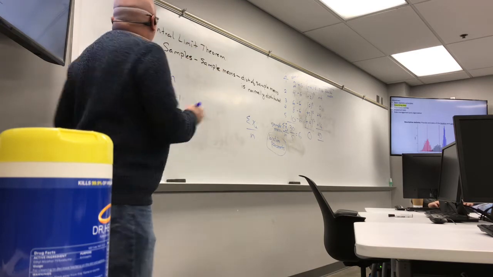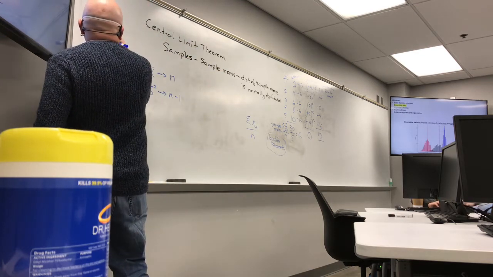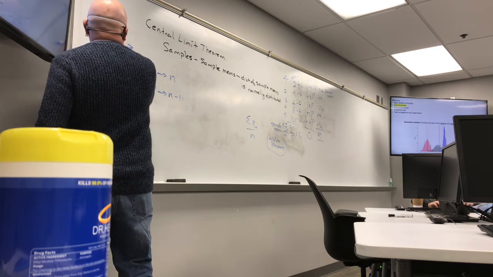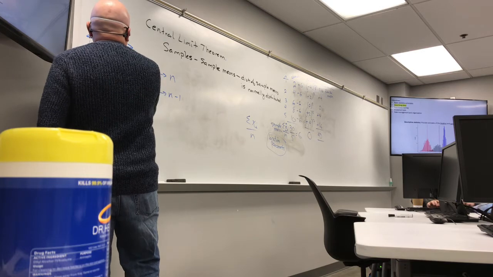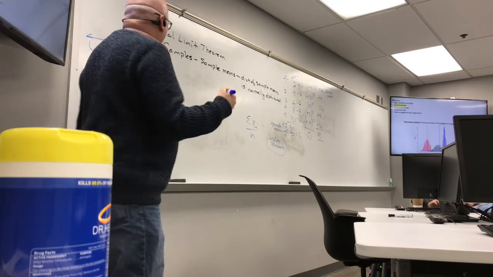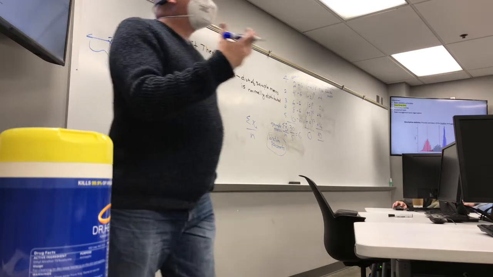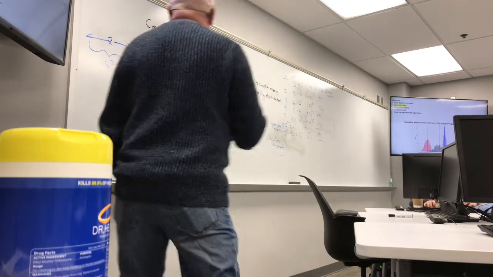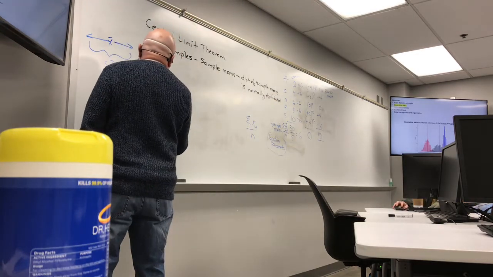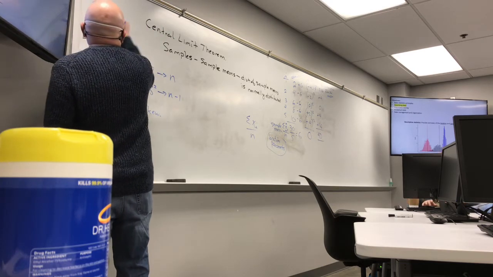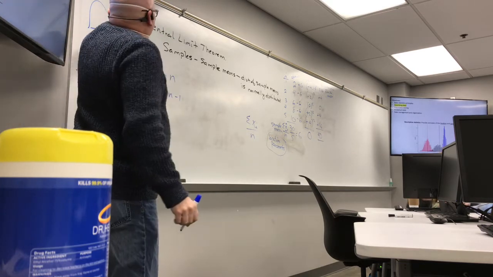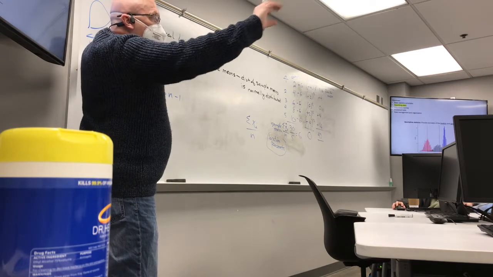This now tells us where the mean is, but it also tells us how spread out the data are. There's another characteristic called skew. Skew is the degree to which the distribution looks like this, or the distribution looks like this. This is positive skew because the tail is out to the positive side.